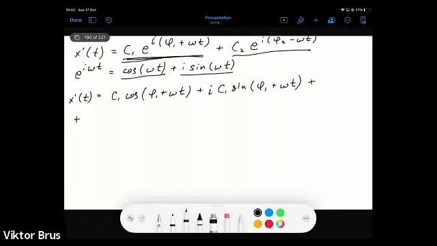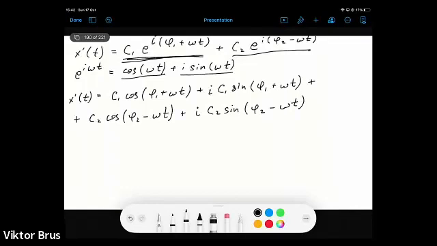Will be C2 times cosine (φ2 minus ωt) plus i C2 times sine (φ2 minus ωt).